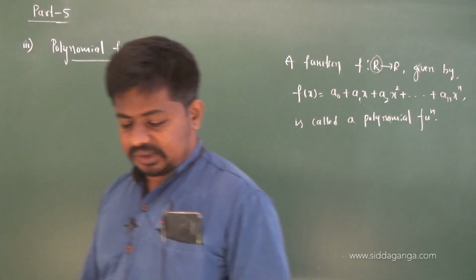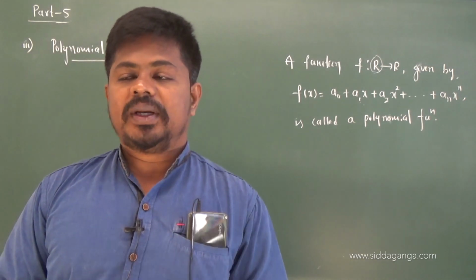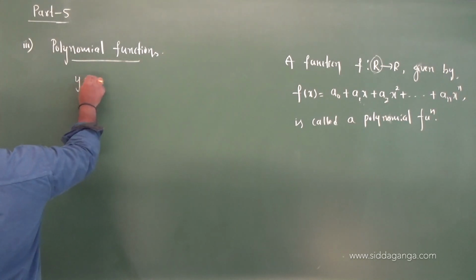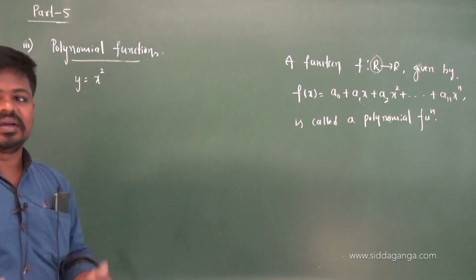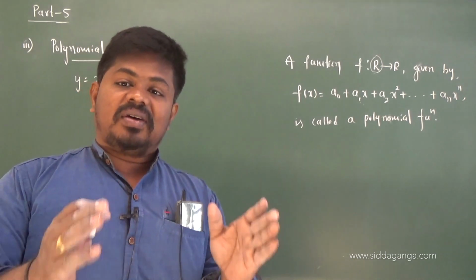Define a polynomial function, full stop. Next, write the domain and the range of the function y is equal to x square or f of x is equal to x square, and draw the graph of the function.